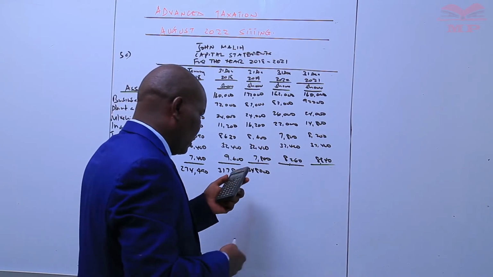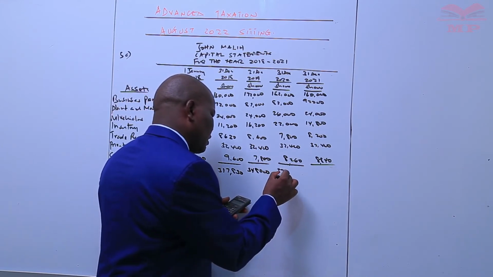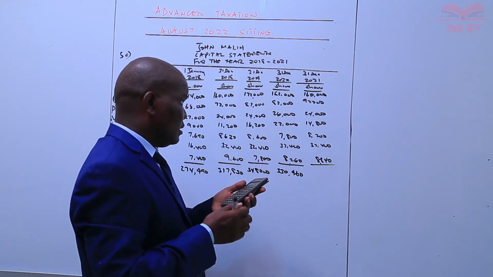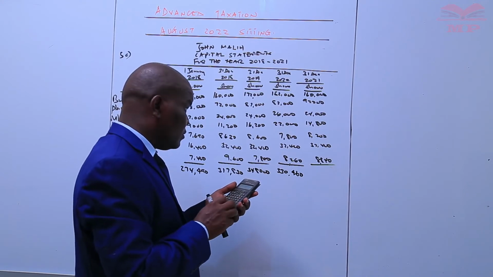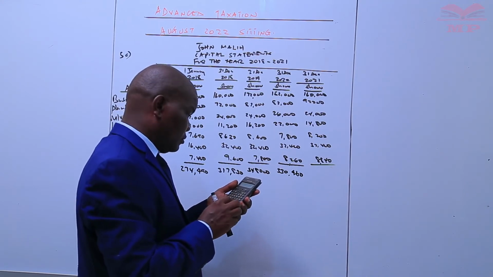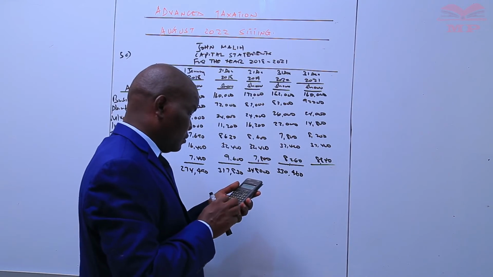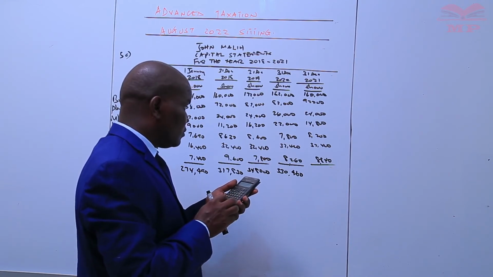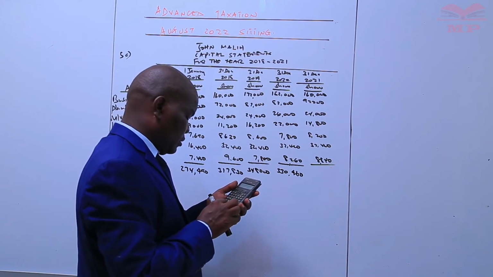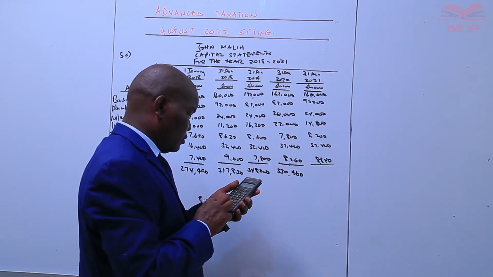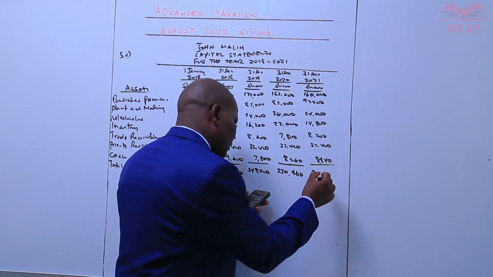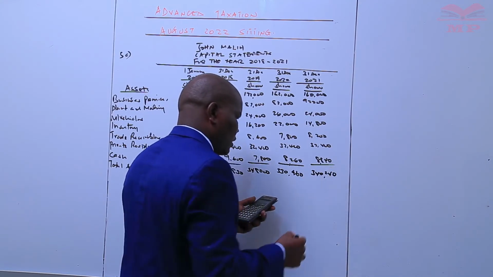I get 330,460. Lastly, 2021: 160, 92, 24, 14,800, 8,200, 32,400, and 8,840. I get 340,240. That is step 1.